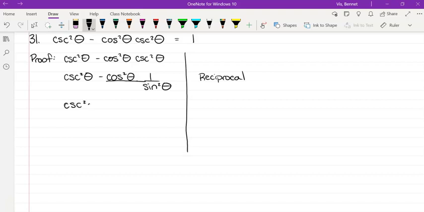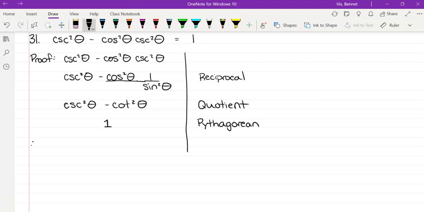So keeping this in mind, I have cosecant squared was still there. Cosine squared over sine squared, that's cotangent squared. And that's a quotient property that I'm using there. And cosecant squared minus cotangent squared, that's one of my Pythagorean properties. That's just 1. And I'm done.